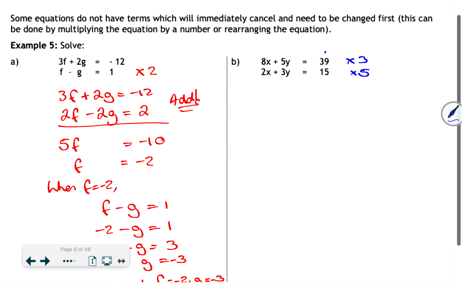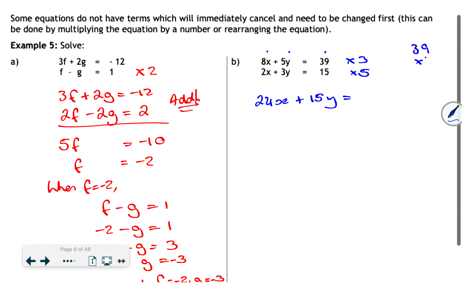Remember, I have to do the same to every single variable. So always write out your full system again. 3 times 8x would give me 24x plus 15y is equal to 3 times 39.